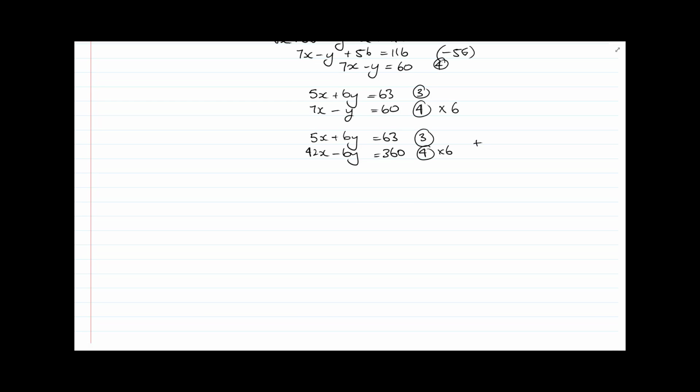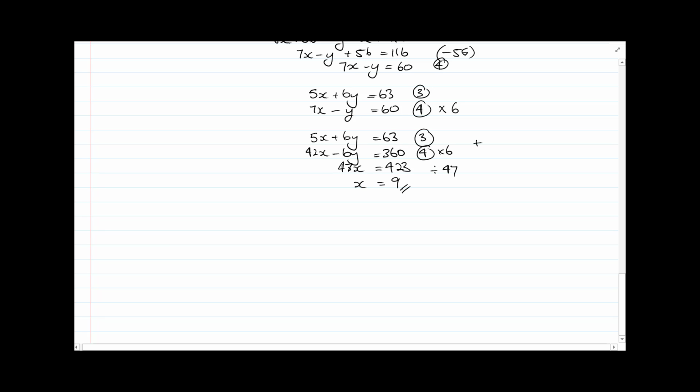So equations 3 and 4 times 6 will give me 47x, and my y's are eliminated, 6y minus 6y, and 423. Now I just simply do a division, divide by 47, and x comes out as 9.